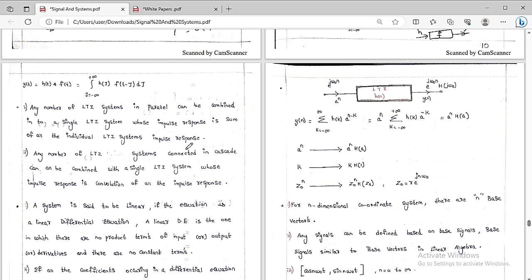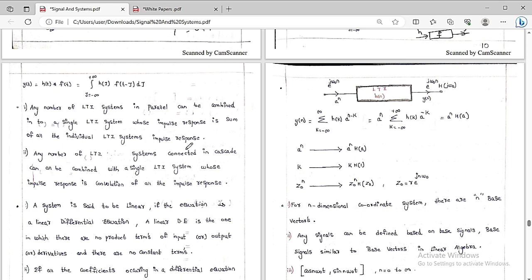If you want a simplified version of the LTI system, then the simplified LTI system's impulse response is the summation of the individual LTI systems' impulse responses. So finally, any number of LTI systems in parallel can be combined into a single LTI system whose impulse response is the summation of all the individual LTI system impulse responses.